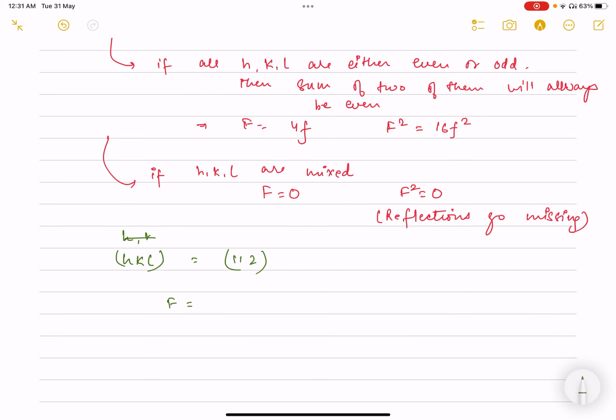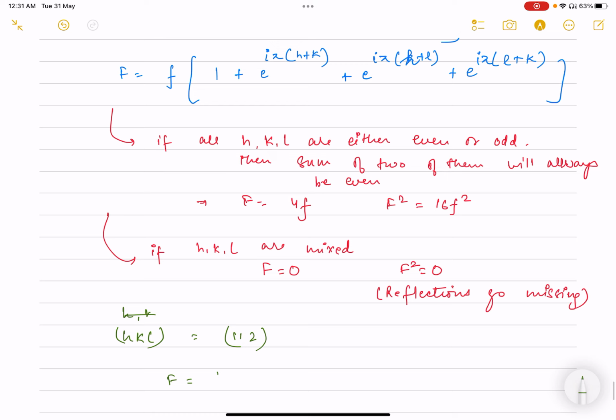So capital F will be small f times [1 plus e to the power 2 pi i, then H plus L will be e to the power 3 pi i, plus e to the power 3 pi i].